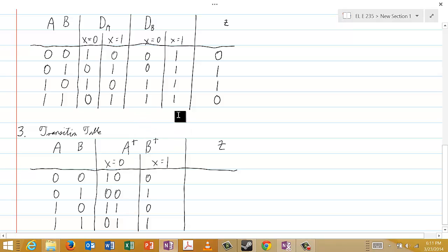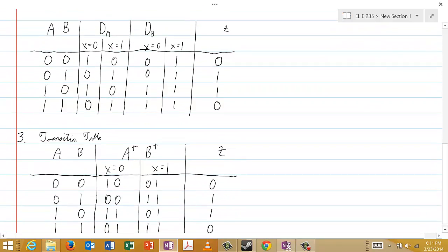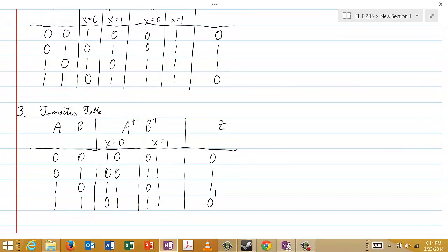And when x is equal to 1, D sub B is always equal to 1, and therefore the next value of B will always be equal to 1. So we have 1, 1, 1, 1. And our column for Z is just the same as before, so 0, 1, 1, 0. And that completes the transition table.